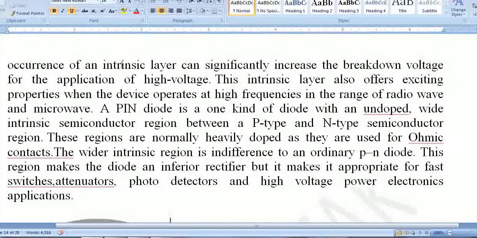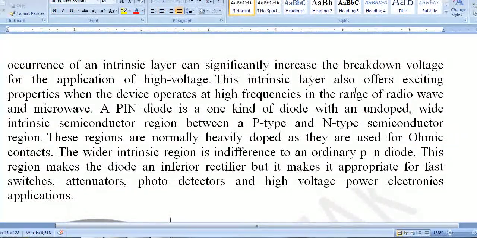The occurrence of an intrinsic layer can significantly increase the breakdown voltage for high voltage applications. This intrinsic layer also offers exciting properties when the device operates at high frequencies in the range of radio waves and microwaves. A PIN diode is one kind of diode with an undoped wide intrinsic semiconductor region between a p-type and n-type semiconductor region.